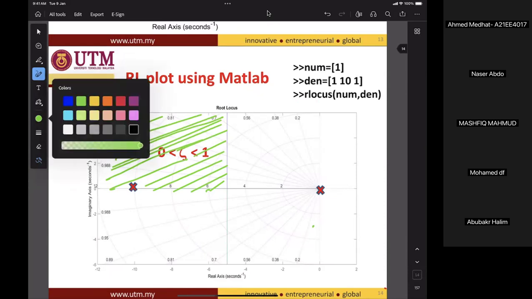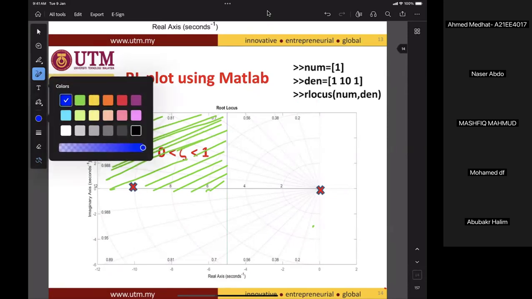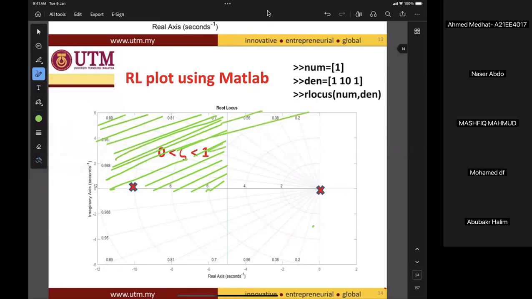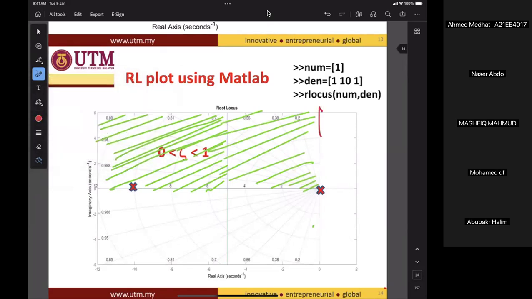So where is zeta equal to 0? This one is j omega. This one is real. So it must be in this quadrant where zeta is between 0 and 1.